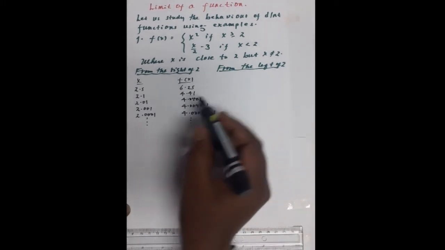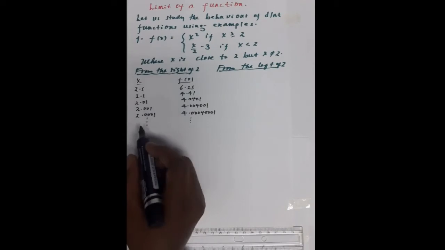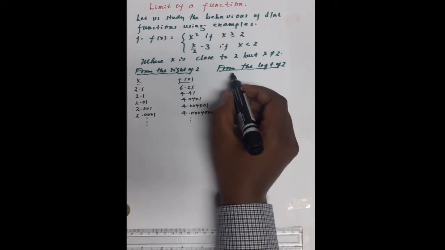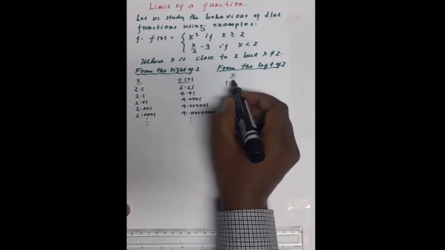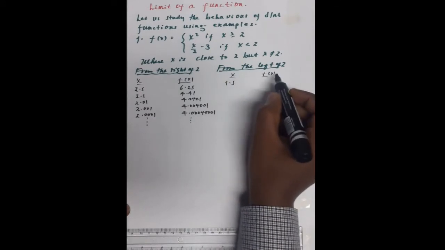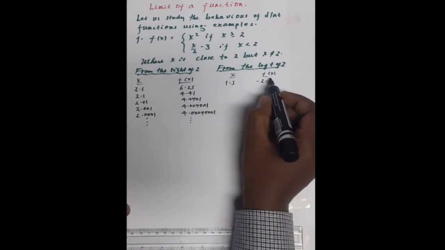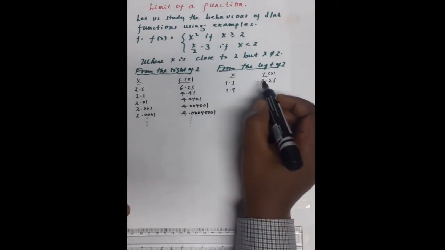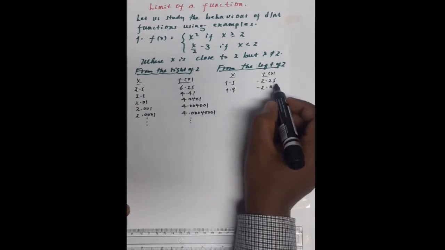When we approach 2 from the left, we can take 1.5, and f of x will be minus 2.25. When we get closer, 1.9, f of x will be minus 2.05.